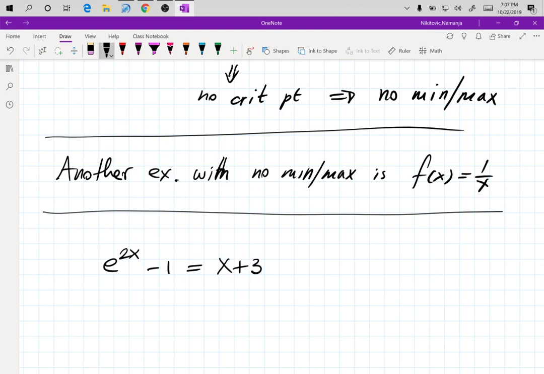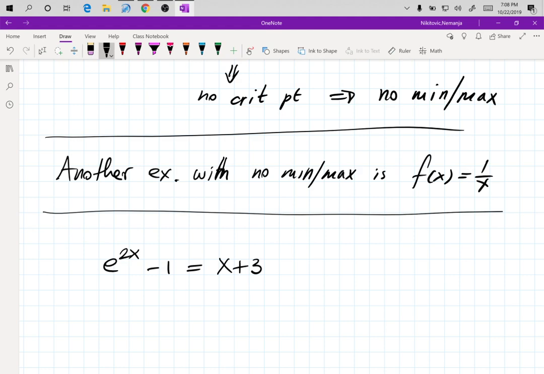Let's say this is the equation that you are looking at. This is not cool, because on the left-hand side, you have an exponential function. We call that transcendental. On the right side, you have a linear function, and they are not compatible with one another. There is no way to solve this algebraically.